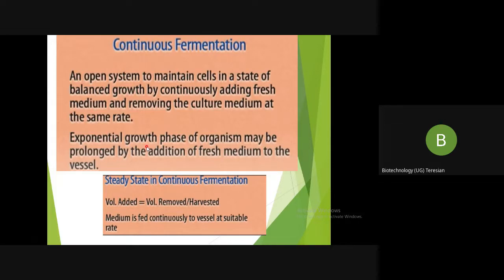They are metabolically active, they consume the nutrients, and there is no shortage of nutrients because you are continuously feeding them, and there is no question of toxicity because all the toxic materials or accumulated cells are removed. So the exponential growth phase of an organism is prolonged by addition of fresh medium to the vessel. This is the definition of continuous fermentation.